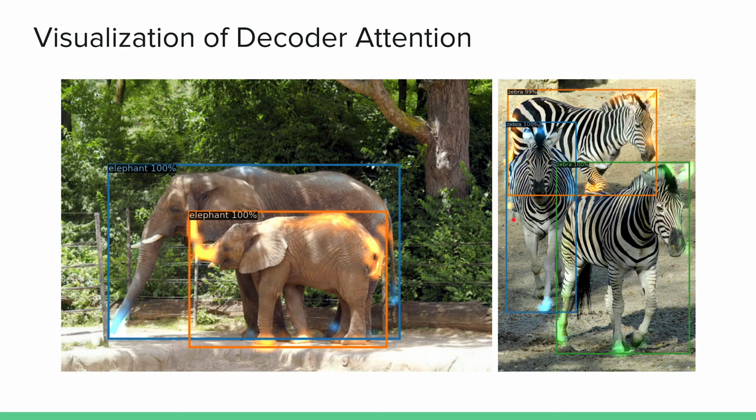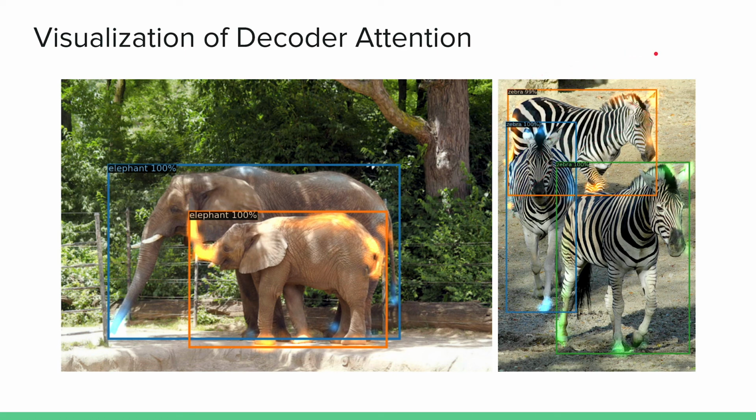It could also belong to that blue zebra, but the network understood, well, zebras don't look like this, that they have a small leg very far in the back here, but it actually belongs to that zebra.